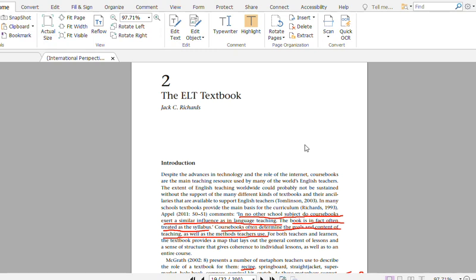One of the most frequently used and popular forms of materials is the textbook. It is important to study textbooks. It is important to familiarize ourselves with the qualities and features of textbooks and textbook evaluation, or textbook writing, for example.